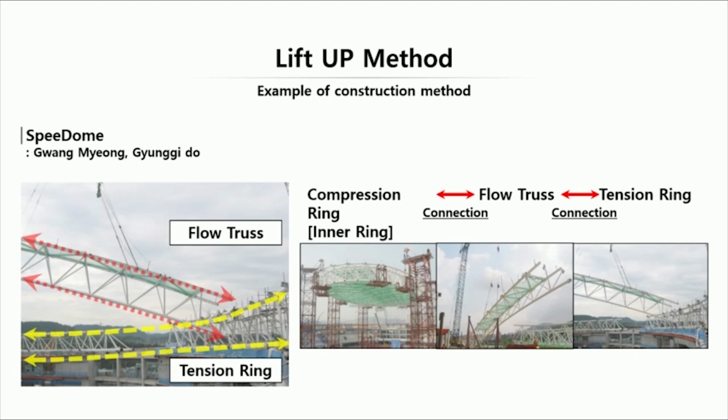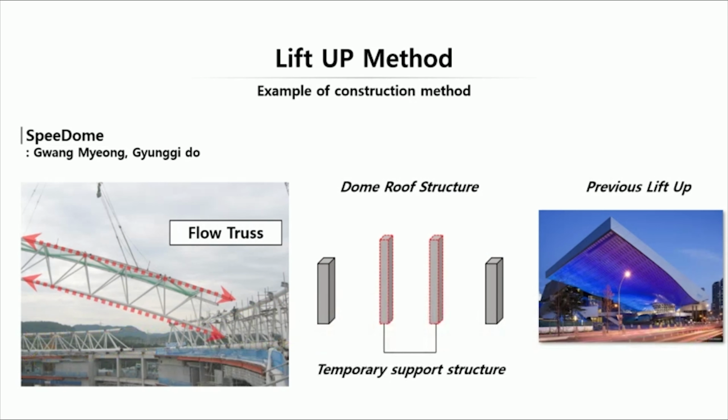Flow truss were raised and assembled by a 400-ton crane from the outside of the building. It connects the compression link and tension link and is bonded to the tension link. Lift the dome structure through the support structure.